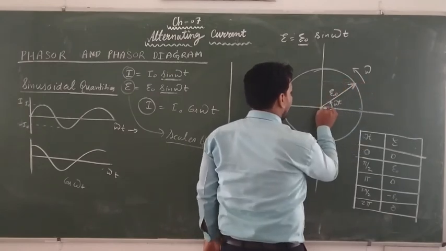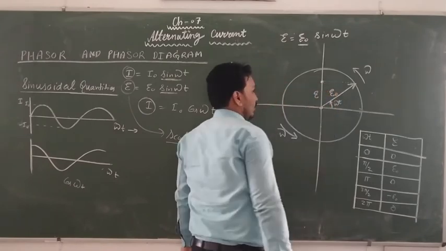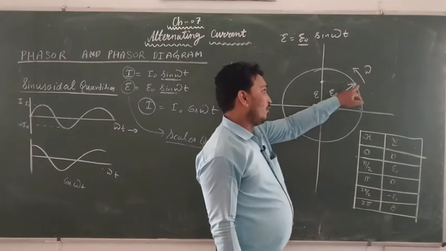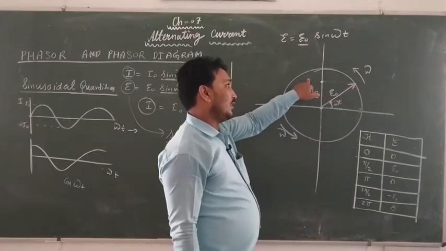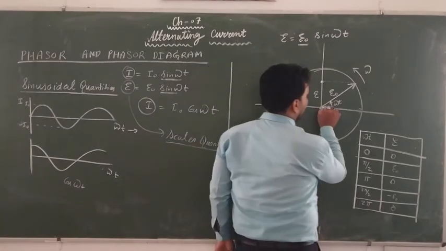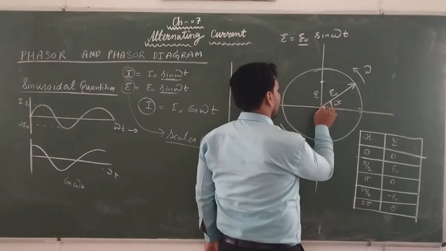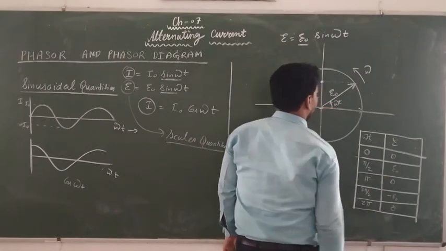From here till here, this is the value of E. We take the projection of the arrowhead on the y-axis. On the y-axis, we have represented E. So when the arrow is at the x-axis, its projection will be at the origin, and here the value of E comes out to be 0.